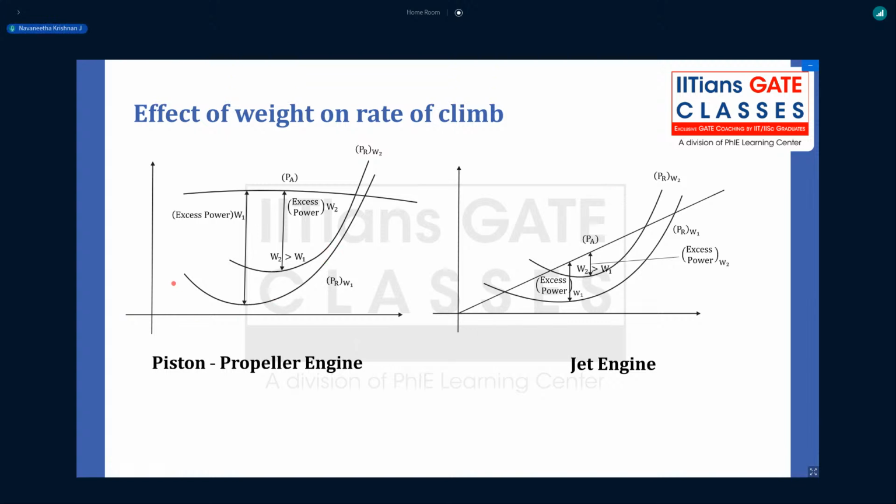But as weight increases, your power required increases. What is power required? Power required is nothing but drag into velocity. Drag is nothing but CD into half rho V square S, into weight.